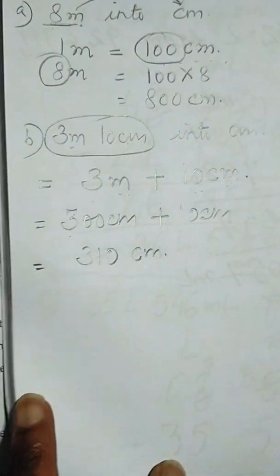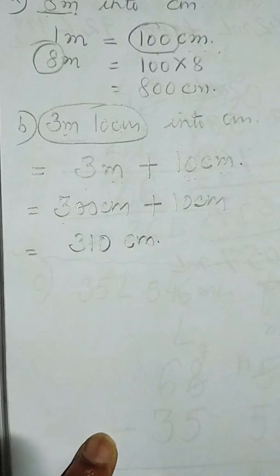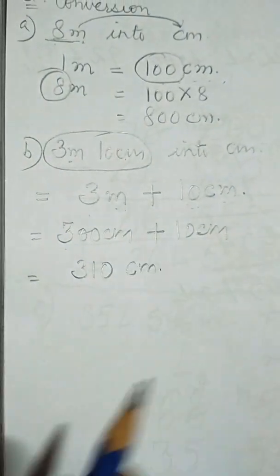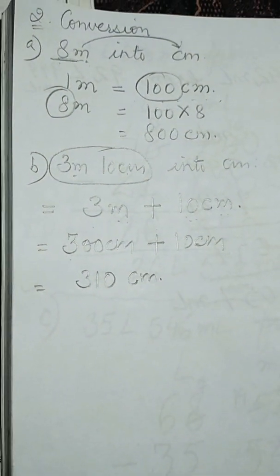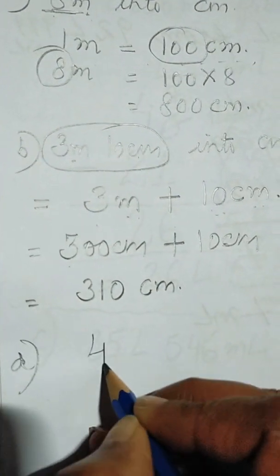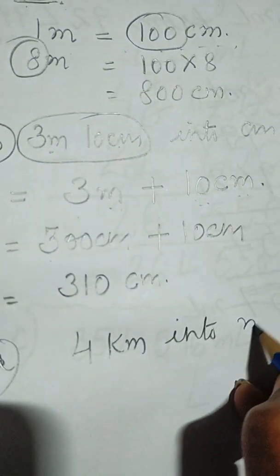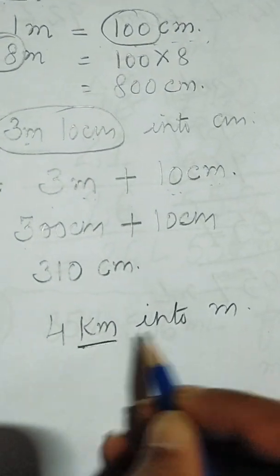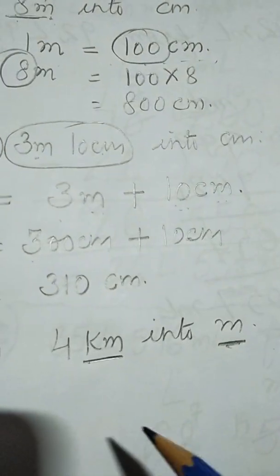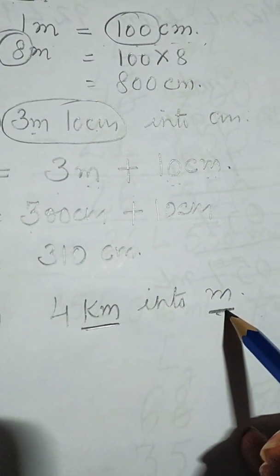Yes students, after that there is the C part. C part you people will do by yourself. It is the same as the B part. Now let's move to D part. The D part statement is 4 kilometer into meter. Now we have to convert kilometer into meter. As I already told you, the relation between kilometer and meters is of 1000.